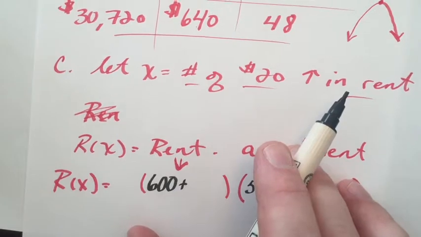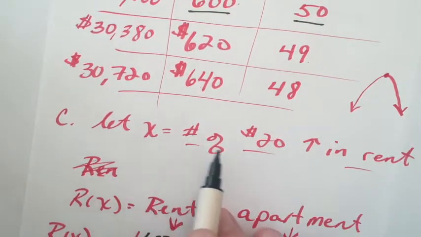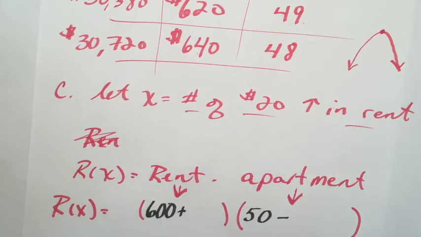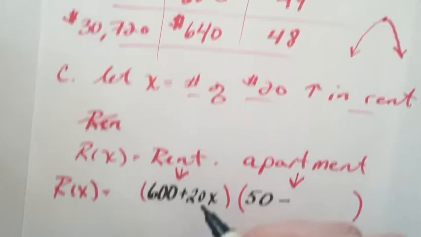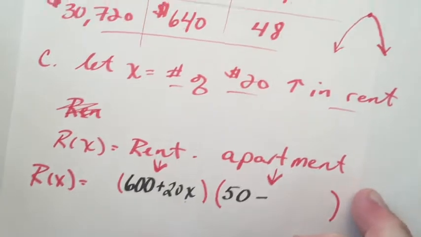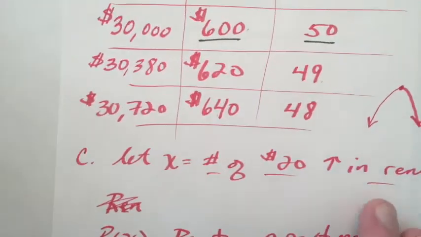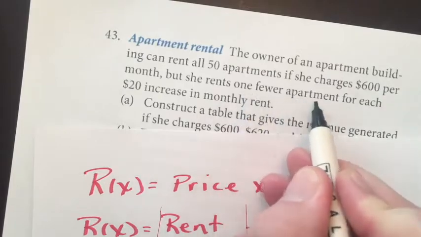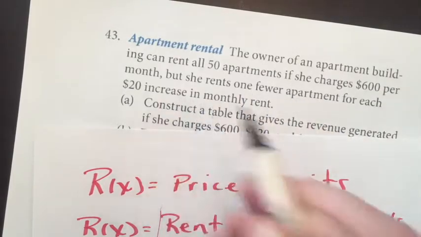So let's go to rent. If X is the number of $20 increases, what's our total rent going to be? It's going to be 20 times whatever that X is, right? 20 times the number of $20 increases. That will give us our number for rent. But we also know, if we go back to the original problem, that we have one fewer apartment for each $20 increase.